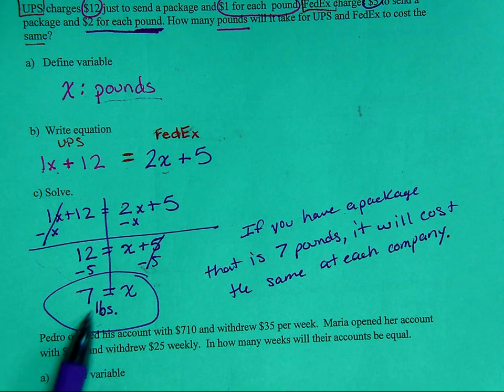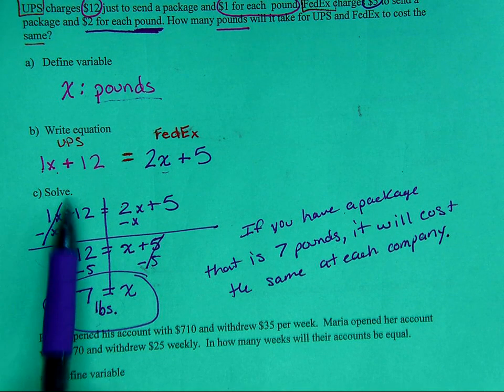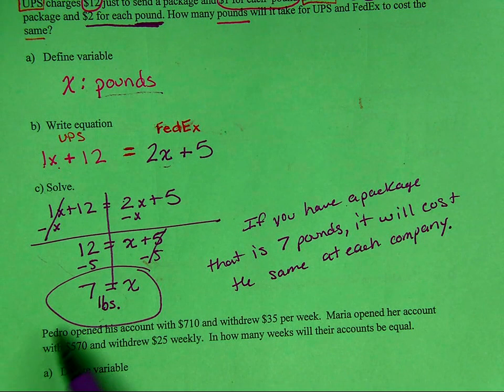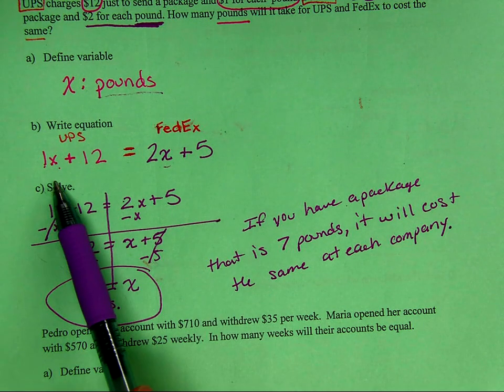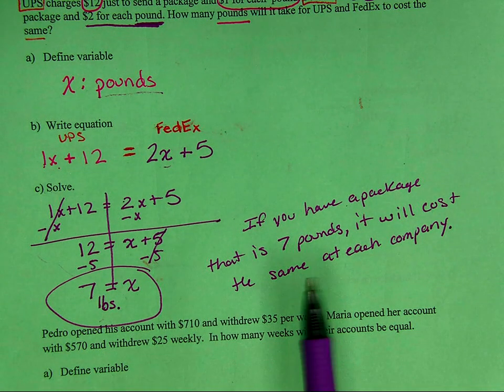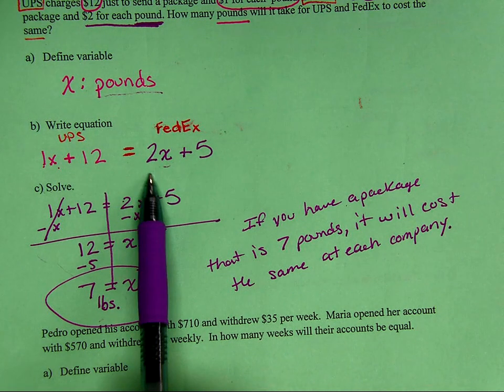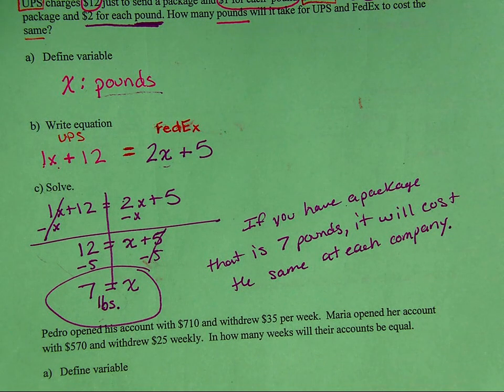Okay, but that means if I have a package that's more than 7 pounds, one of these places is going to be cheaper. If I have a package less than 7 pounds, one of these is going to be cheaper. It just so happens if my package is exactly 7 pounds, it doesn't matter which company I use because I'm going to be paying the same.